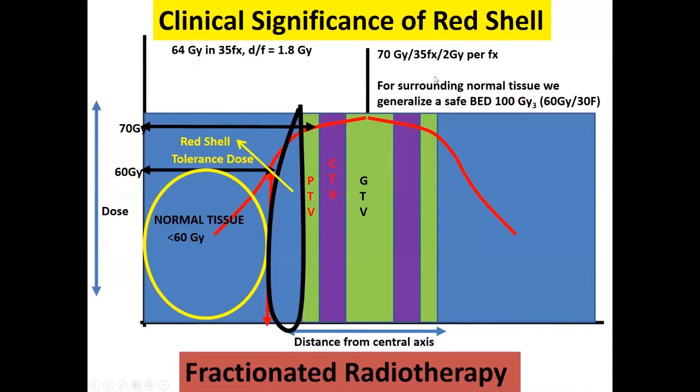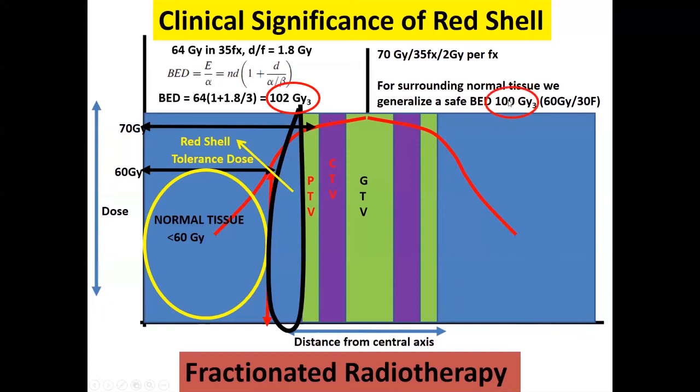and we have planned 35 fractions. So naturally it will be delivered in 35 fractions, and dose per fraction will be 1.8 gray. Now, if you calculate the BED from this formula, putting this value here, the BED of red shell will be around 102 gray, and you can appreciate that 102 gray is almost close to safe BED, that is 100 gray.